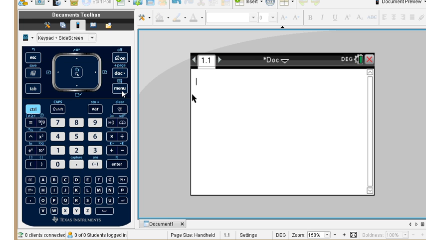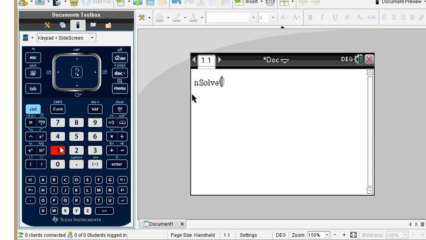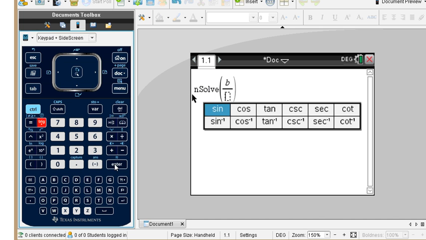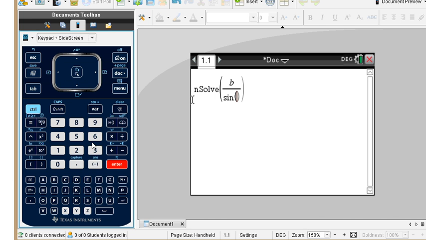We go to menu, 3-1, numerical solve, and set up our equation: B over the sine of 37 degrees is equal to 19 divided by the sine of 70 degrees.